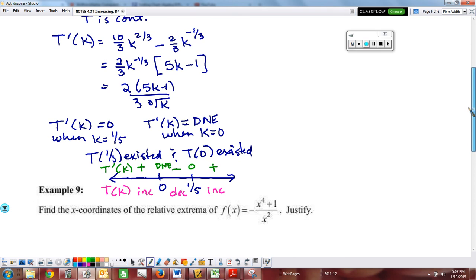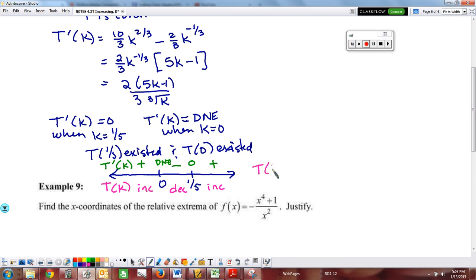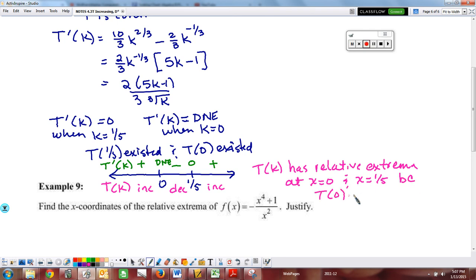So as my answer for A, I would say t of k has relative extrema at x equal to 0 and x equal to 1/5 because t of 0 and t of 1/5 exist and your derivative t prime of k switches signs. Now that's enough just to say it has relative extrema.